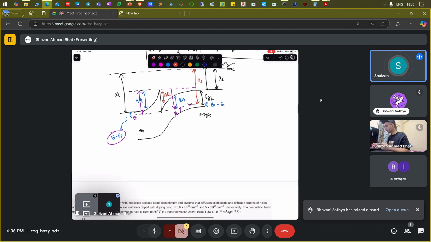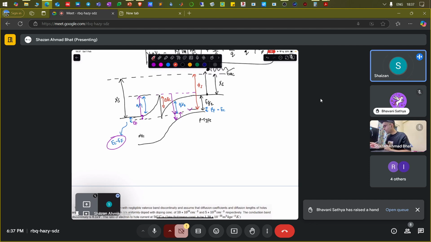Those are from basic device physics. At this particular point, this difference, which is the electron affinity of semiconductor 2, should be exactly equal to what it is inside the bulk. And this particular difference is the electron affinity of semiconductor 1. It has to be the same.